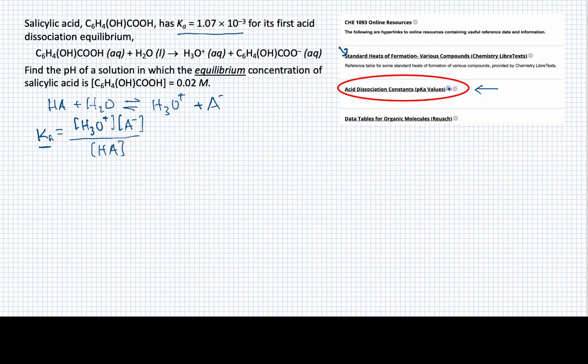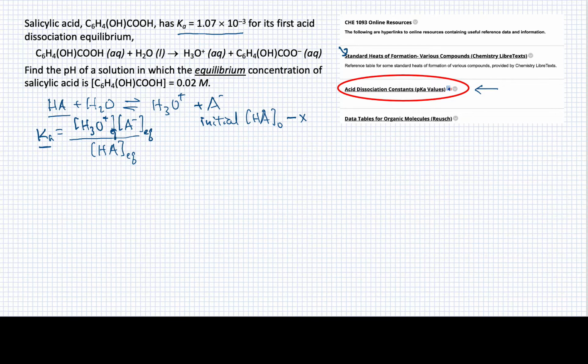Now note that this is equal when we're at equilibrium, so we're implicitly using equilibrium values for each of these concentrations. That should be distinguished from the initial value of the concentration of the weak acid. For example, we might say that initially we have a concentration of HA0, and some amount of that is going to dissociate in water.